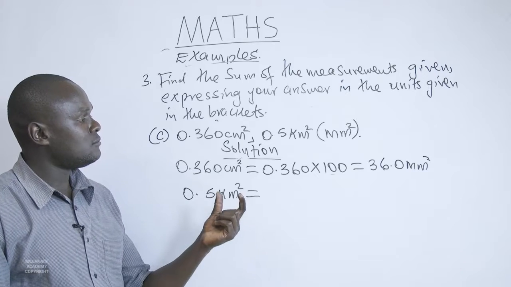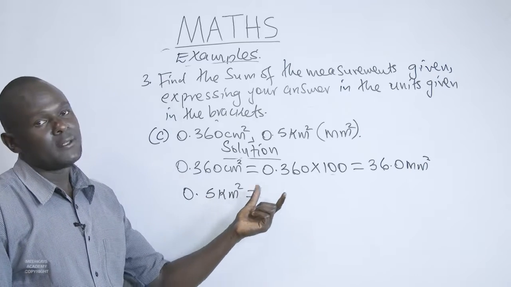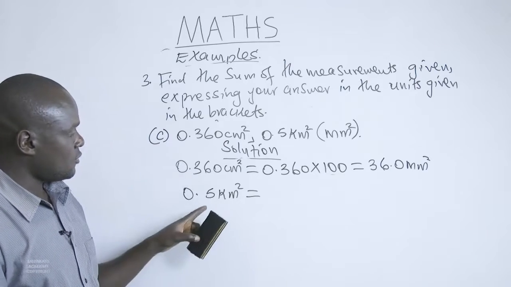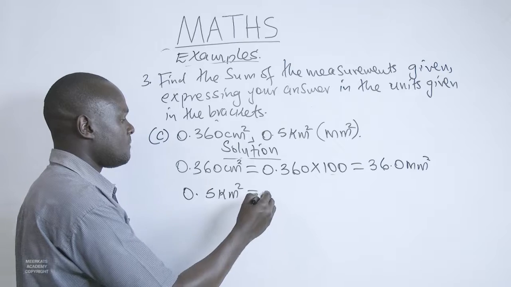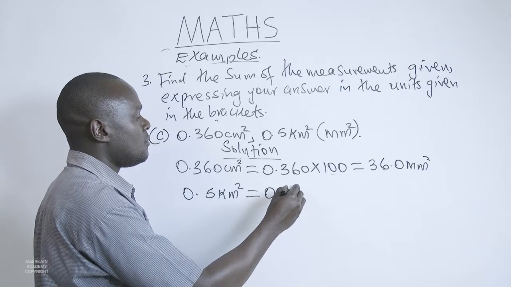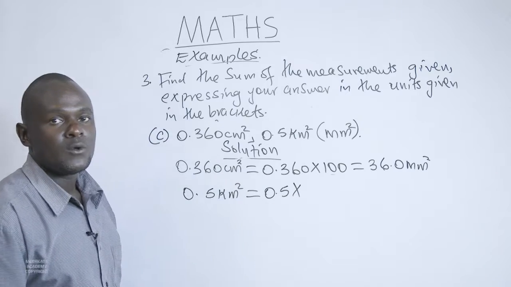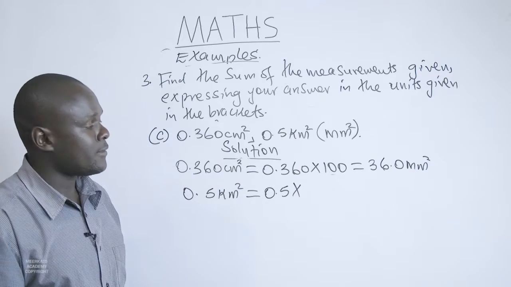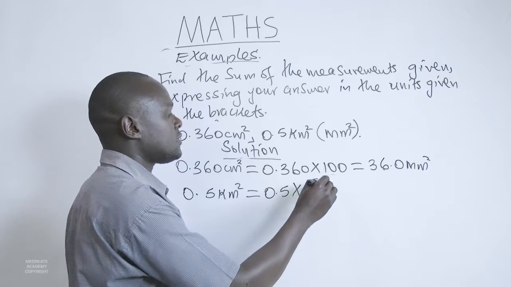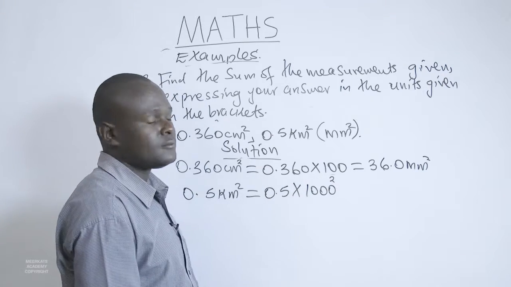We can perform bit by bit conversion, or we can do it at once, because when we want to convert this number to square meters, this will be 0.5 multiplied by 1000 squared, and 1000 squared is the same as 1 million.